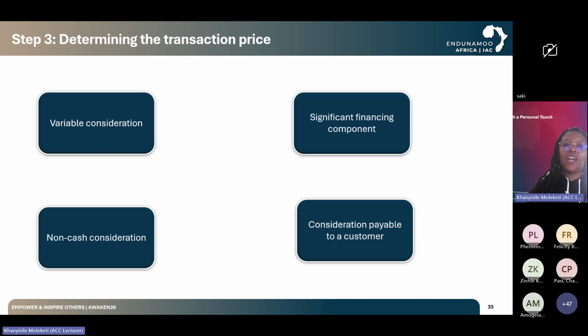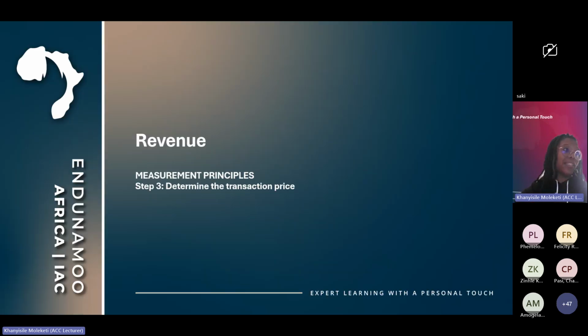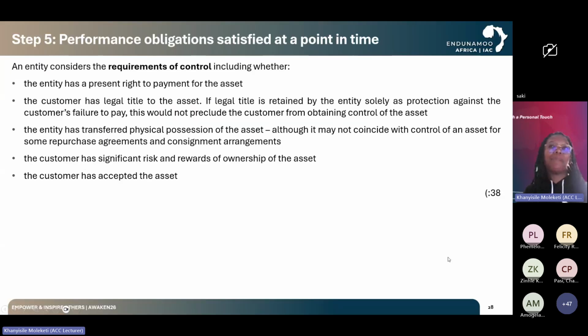Good question. After you've concluded it's at a point in time, you must then conclude what that point in time is. And that will be based on something in this list, right? So you'll say maybe the point in time occurs when the customer takes ownership of the goods, which is at the point of sale, at the point that they take ownership at the till.